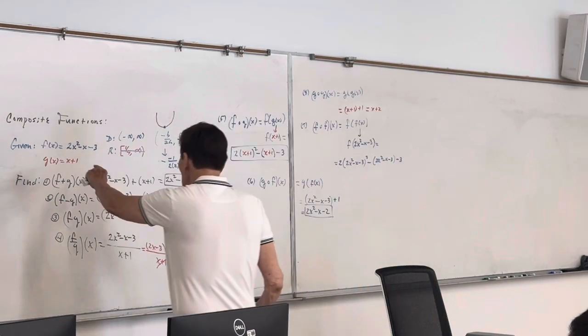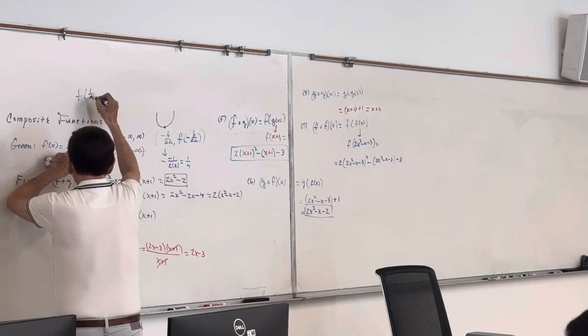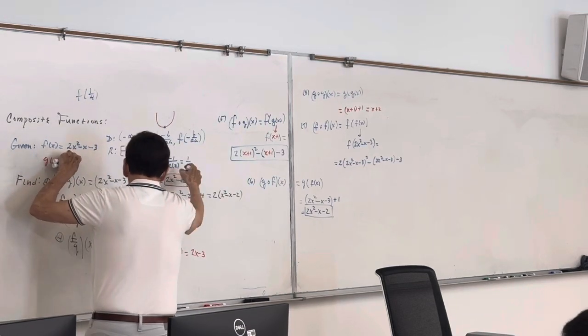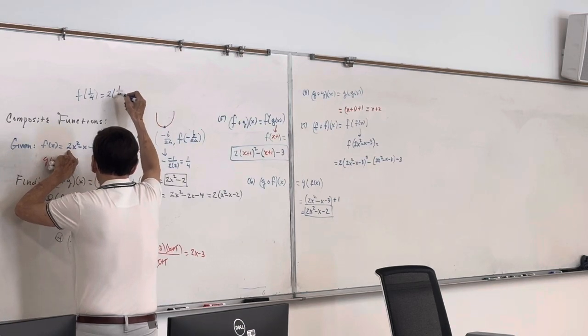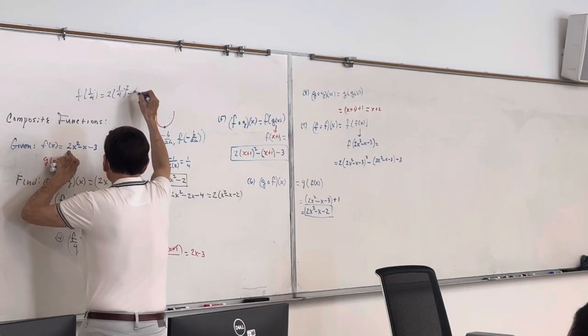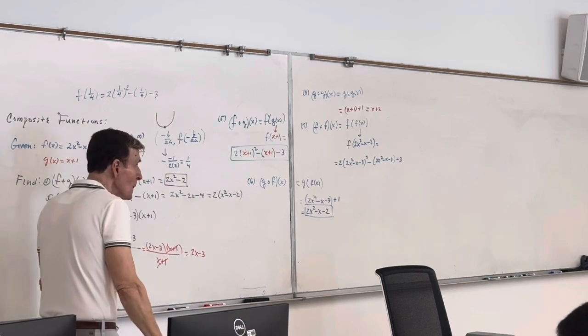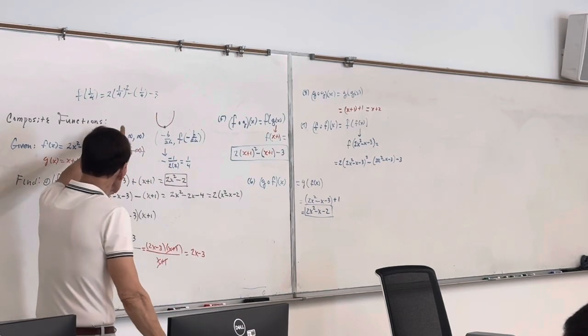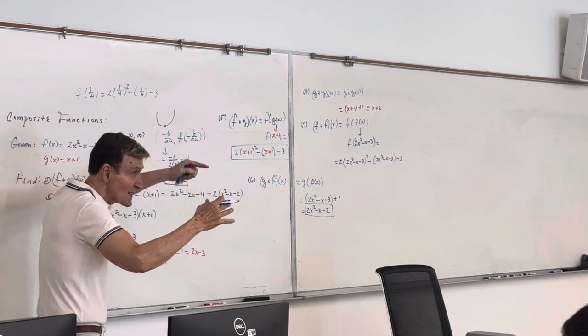Here it goes. f of 1/4 is equal to 2 times this, this. Arithmetic, I know this is 1/16, let me get this done real quick. 1/16, 2 cancel into that.